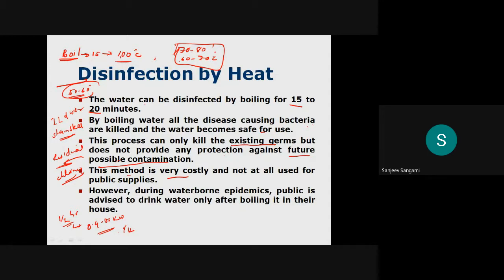Half a unit, if you take the commercial charges, will be around 5 rupees, since each unit is charged around 10 rupees. There are some slabs. Even if you cross 30 units or 100 units, they will charge 10 rupees per unit.